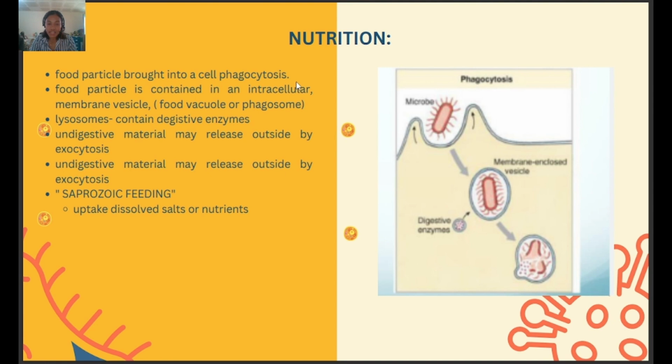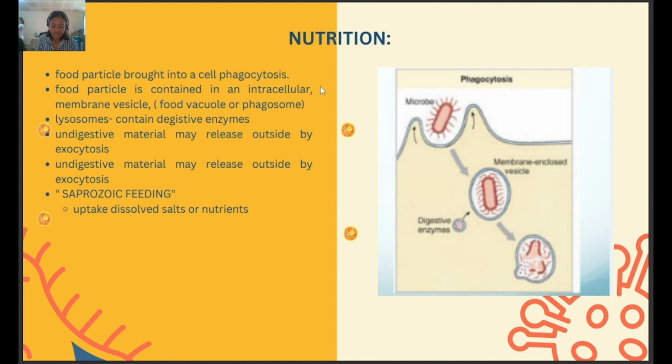The cytosome is the designated mouth area of unicellular eukaryotes. So the food particle is brought in by phagocytosis, where an extension or invagination of the plasma membrane surrounds the food particle.